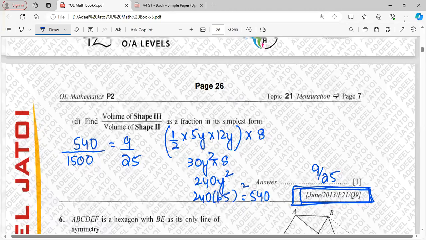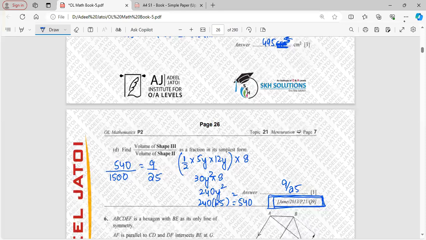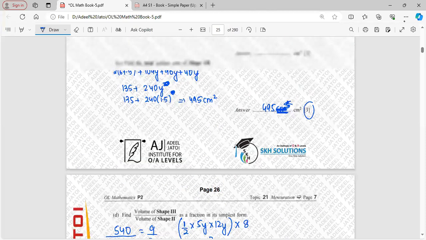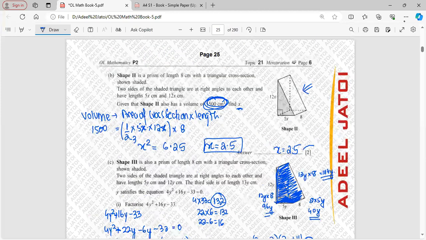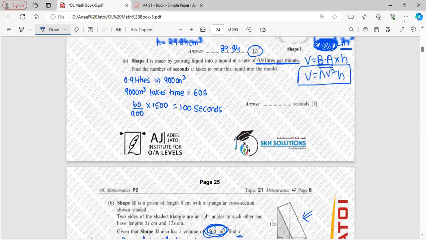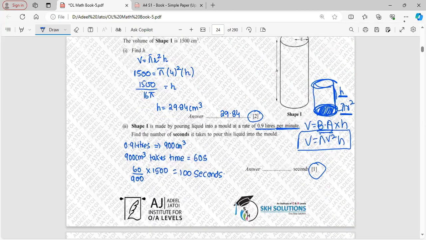Now, if you just look at the question, June 2013, there were too many parts: 1 mark, 3 mark, 4, 5, 6, 7, 8, 9 plus 10, a 12 mark question.